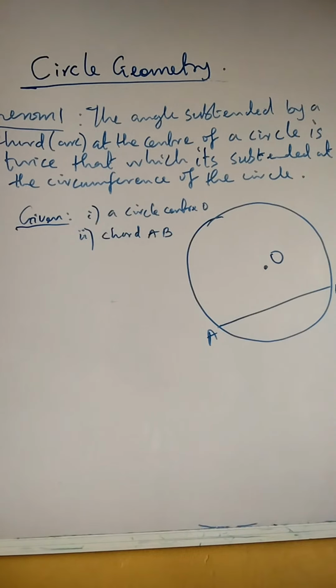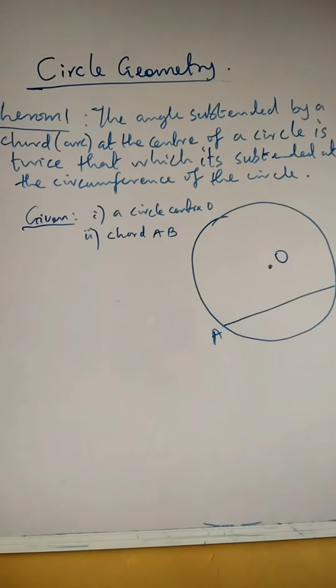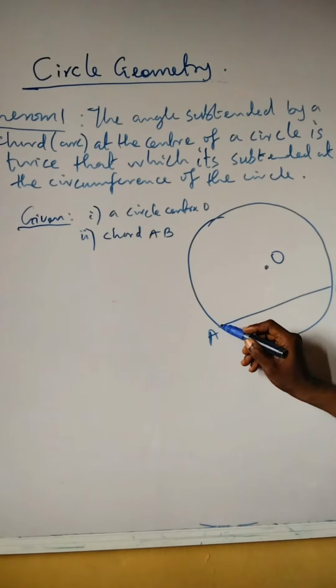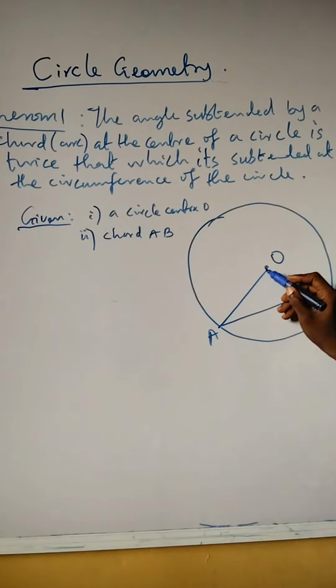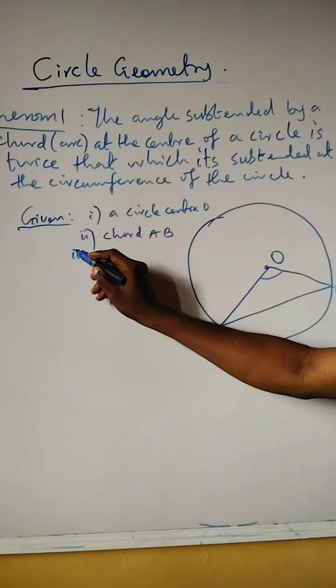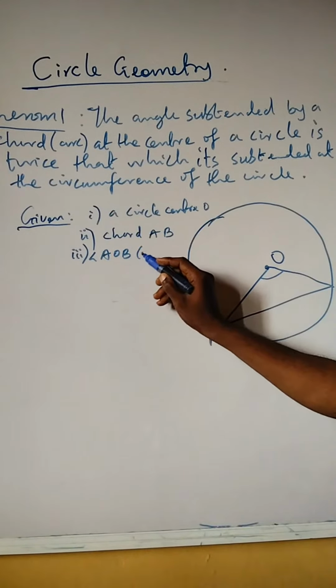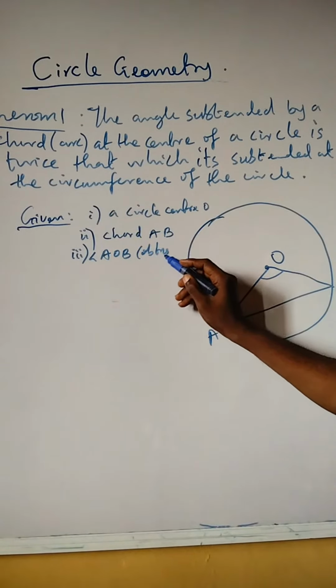Then, the next thing we are given is an angle at the center, formed by the chord. So we have this angle formed at the center here. The next thing we have is angle AOB, which is obtuse. Obtuse angle AOB at the center.